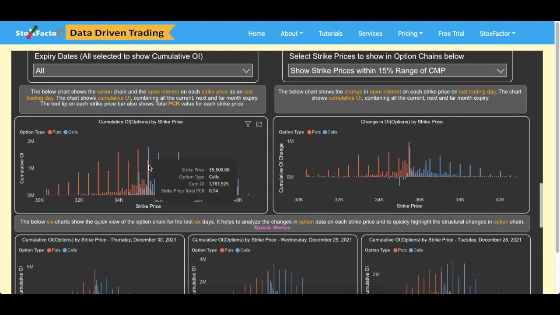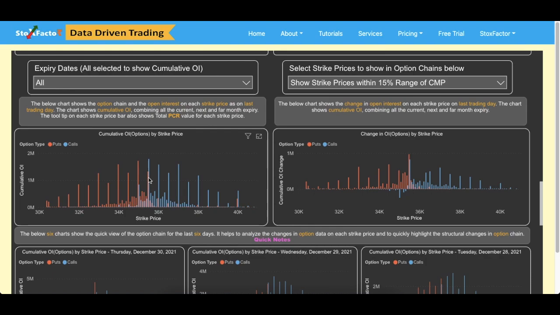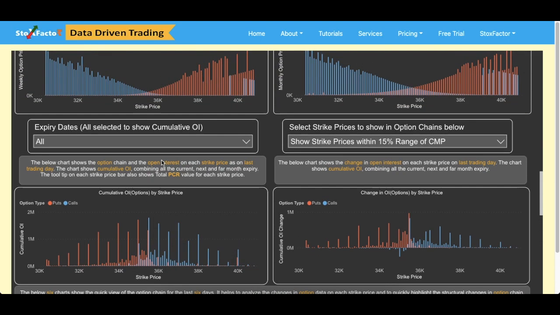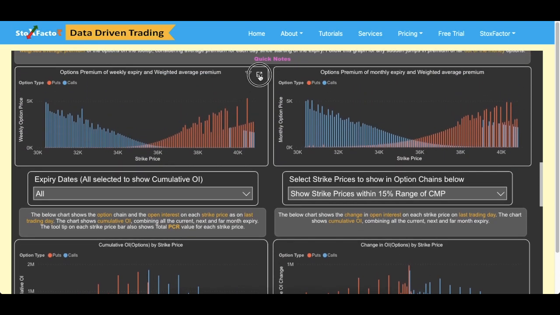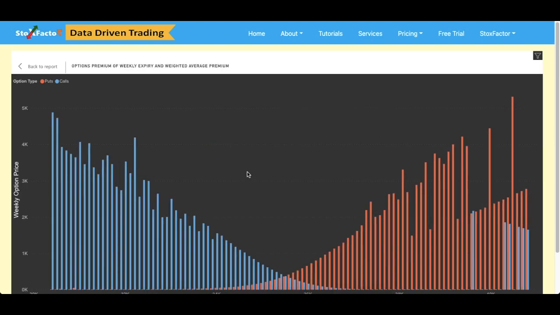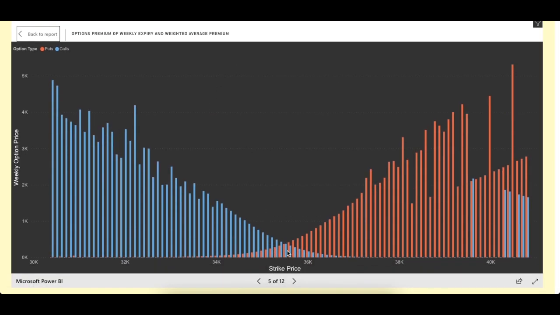We will take this strike price, that is 35,500, as a straddle, and we will take the resistance level for Bank Nifty as 36,000. So for the next week, if we want to trade for the next week, what our range would be, because 35,500 has a straddle, we will look at the weekly option premiums for 35,500. So let's look at that quickly.